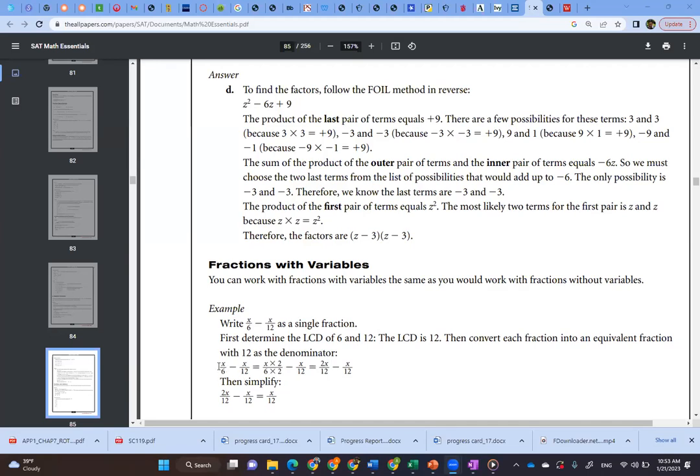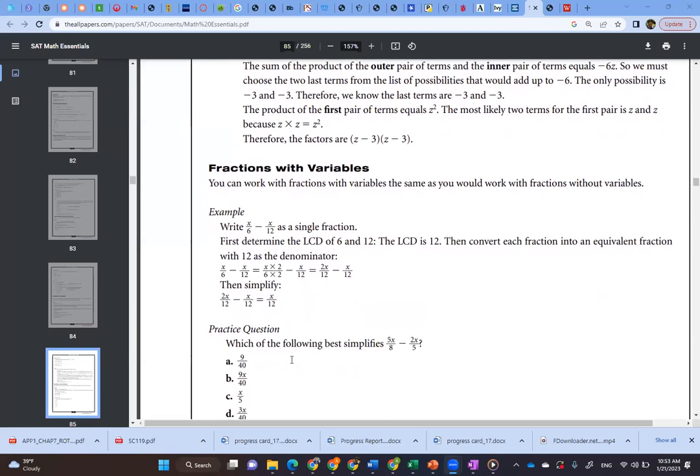So the only way is to multiply 2 above and below. So it's going to be 2x over 12 minus x over 12. So the answer is going to be x over 12. Very easy. We cannot add or subtract when the denominators are different. So you have to make a common denominator first and then do the operation.